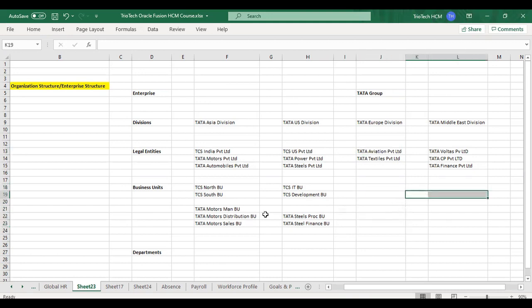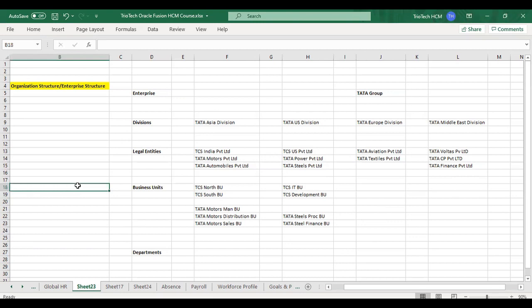But coming to the business units, one thing I want to tell you, an important point in the interview, is: are business units mandatory in the system or not? The question in the interview will be, are business units mandatory in the Fusion system? Yes.